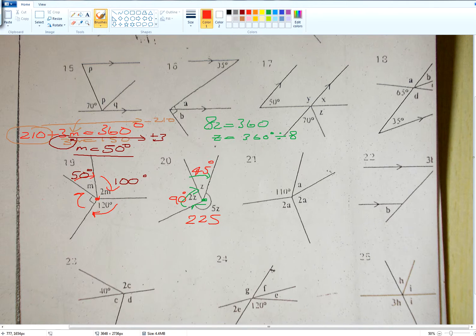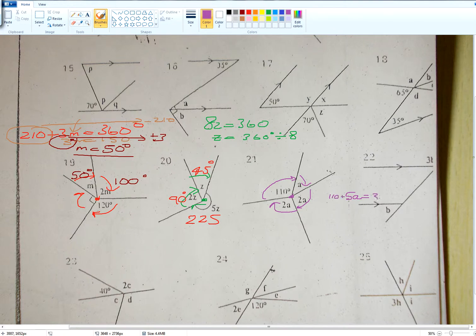This is the last one we're doing now. Let's finish this one off. So we have 110. Angles around a point add up to 360. A add 2A add 2A. So what's A add 2A add 2A? 5A. And 110.